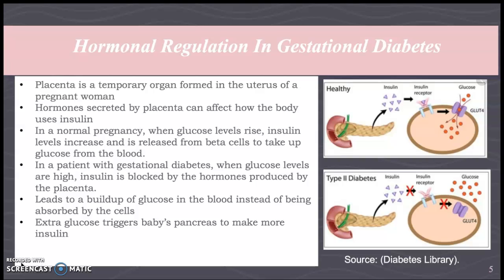However, in type 2 diabetes or gestational diabetes, there's an impairment in that receptor, so the cell does not recognize insulin, or in the case of gestational diabetes, the hormones produced by the placenta block that insulin, so the cascade does not occur and glucose does not enter the cell.